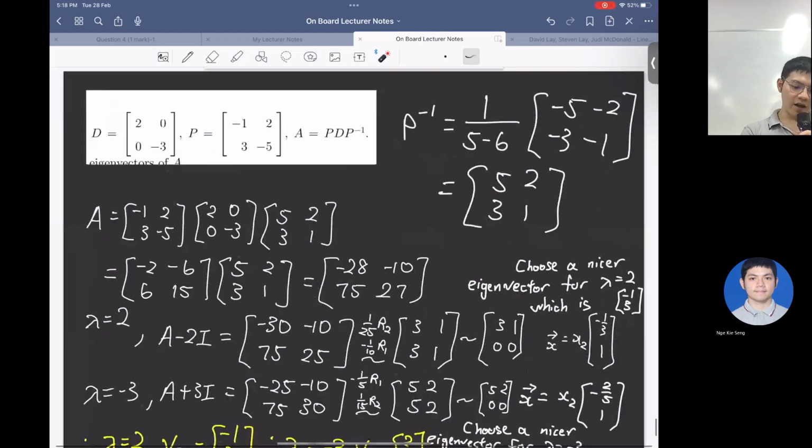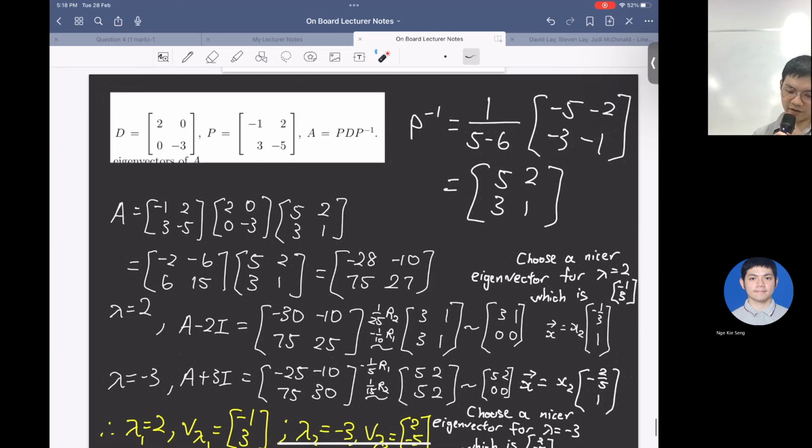Okay, there's one more thing I didn't tell you, but I'm not sure you noticed or not. How do you place this 2 and -3? Can I simply place -3, 2 here? These 2 and -3 correspond to the position of the column of your eigenvector.